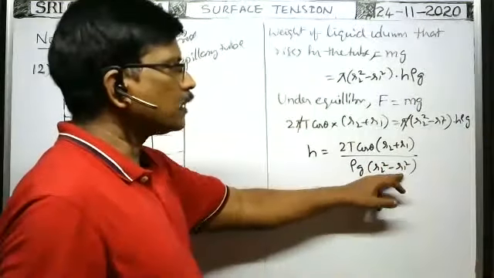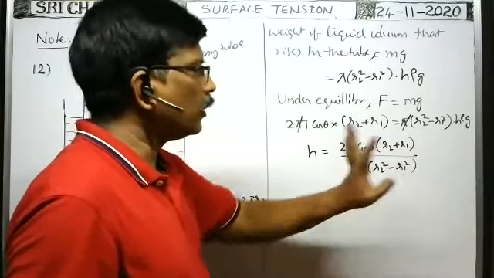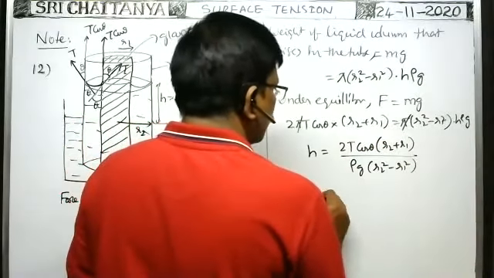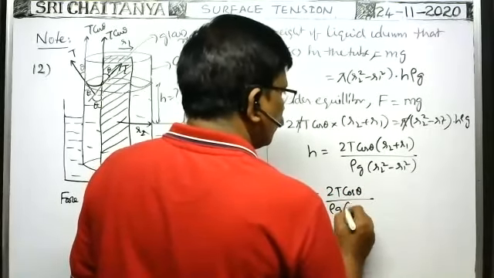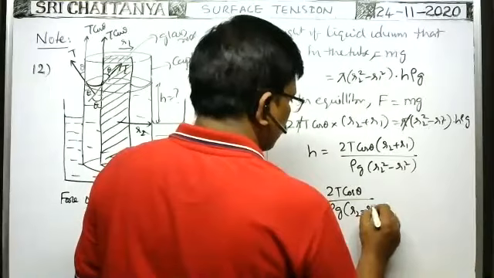Here R2 square minus R1 square can be written as R2 plus R1 into R2 minus R1. R2 plus R1 cancels, and only R2 minus R1 remains. Therefore, h is equal to 2T cos theta by rho g into R2 minus R1.